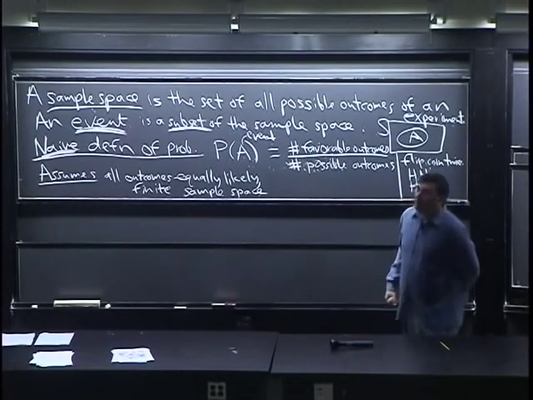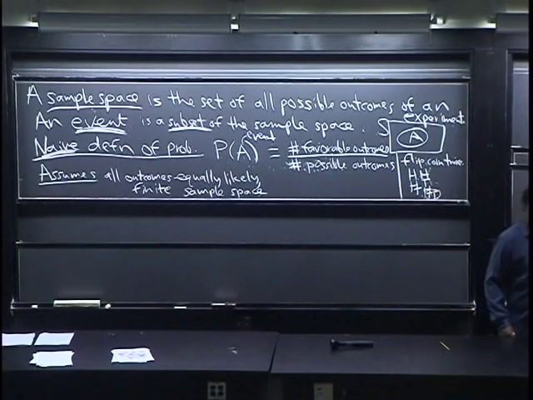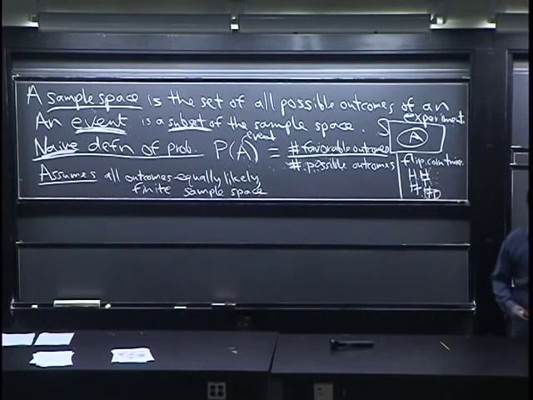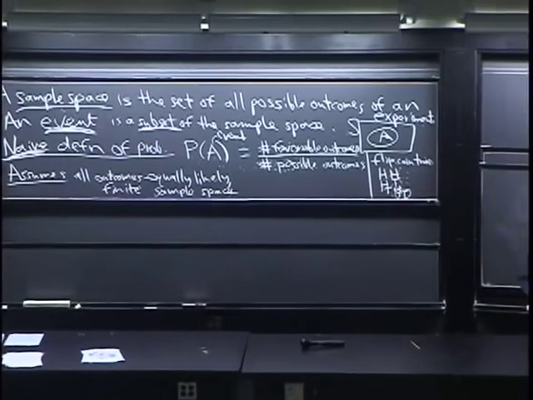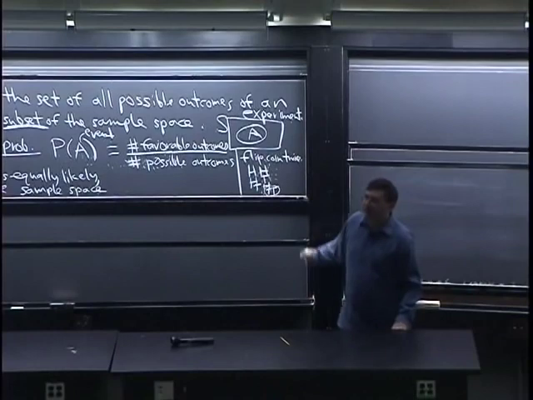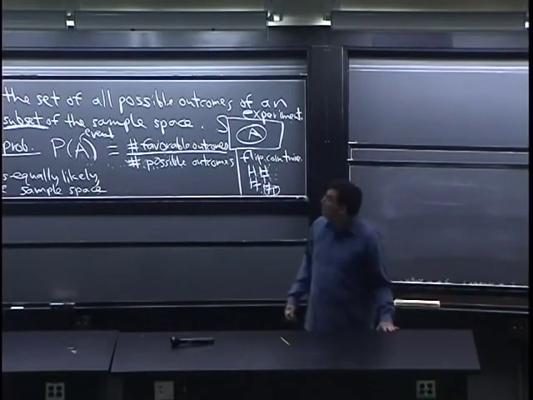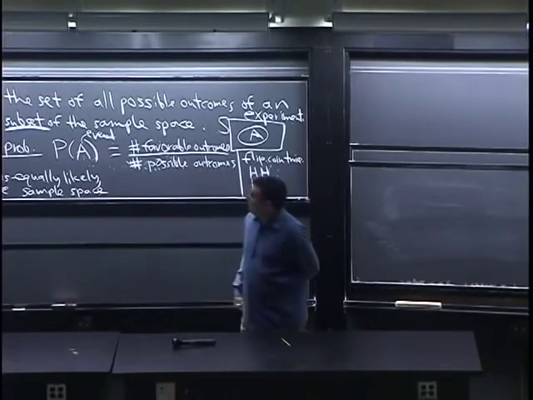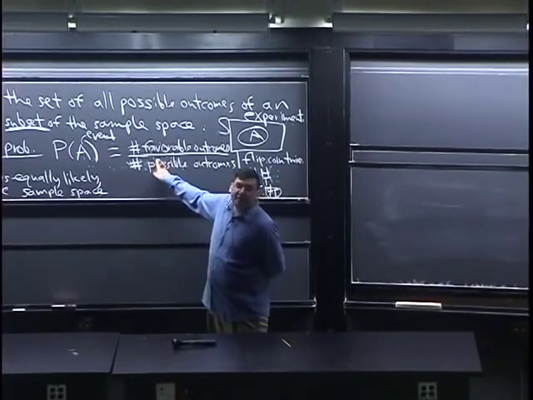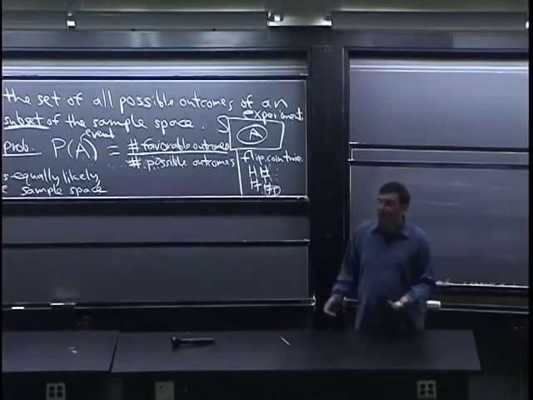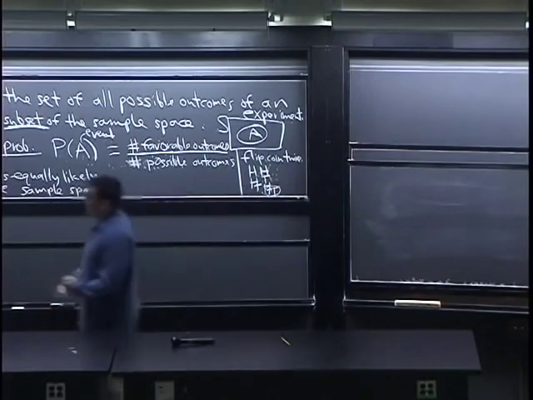I did a very, very simple example here. I just wrote down the 4 outcomes and we did it. But for anything more difficult than that, it would become too tedious to list everything out. So the first major topic in this class is how do we count? I said that calculus is a prerequisite, but counting is not really a prerequisite, so I'm trying to make this as self-contained as possible.